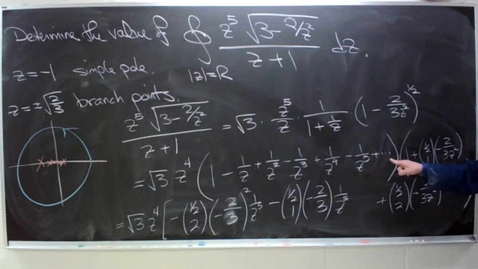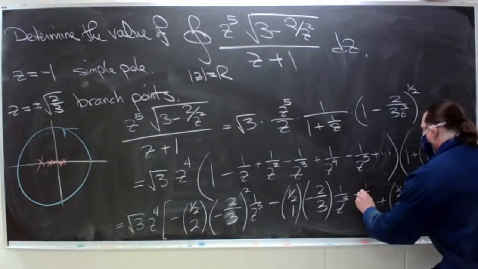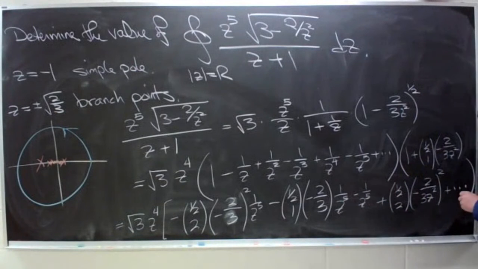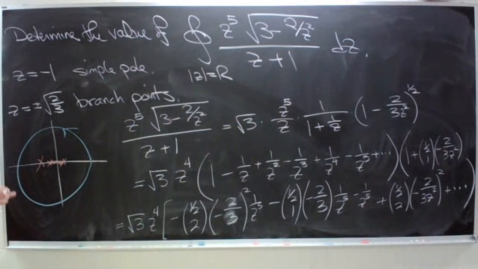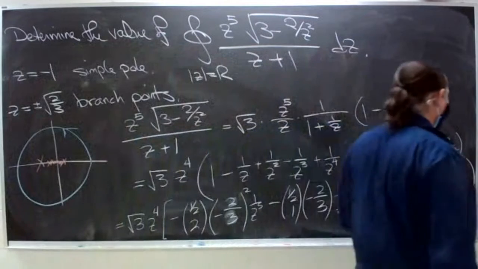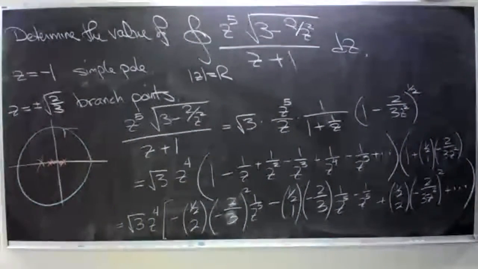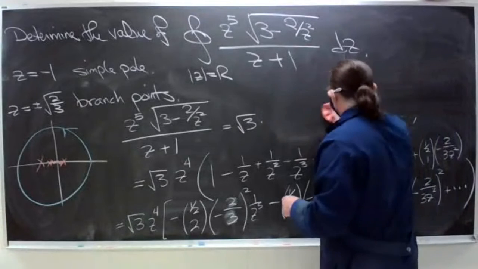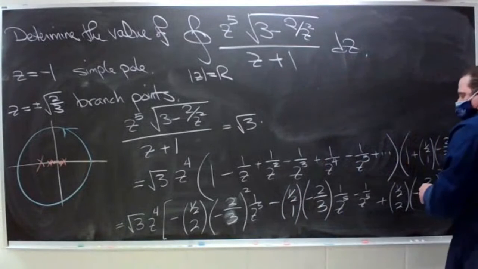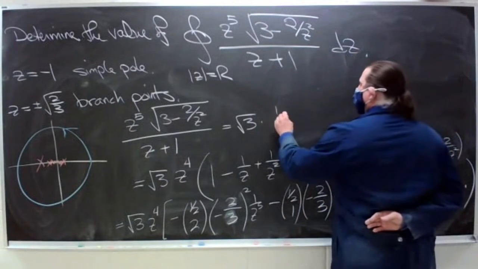Negative 1 over z to the 5th combined with the 1. And none of the other terms can contribute. So my loop integral, when I look at it from this perspective, is determined exclusively from this contribution.